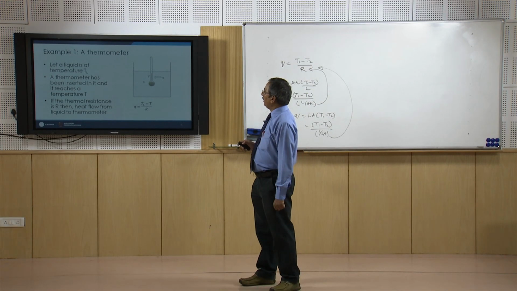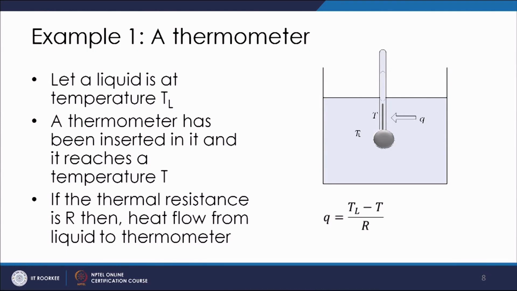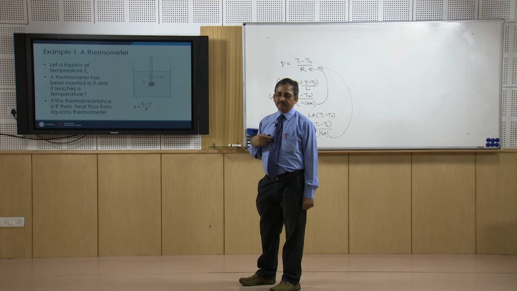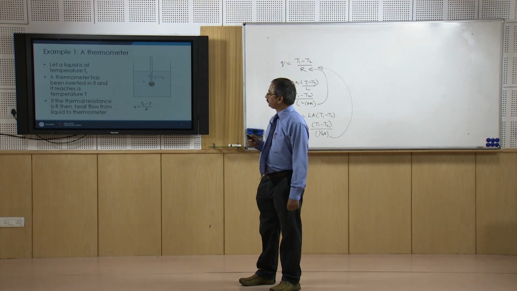So, here as I said, the liquid is at temperature TL and the thermometer has been inserted and it reaches a temperature T, which is indicated by the height of the mercury column in the thermometer.